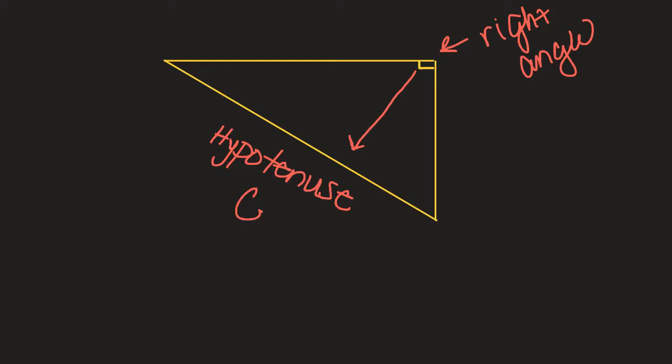If you will remember, I told you that your legs form the right angle. So this line and this line form that right angle. They meet, they connect at that point to form that angle. So that makes this a leg, and that makes this a leg.